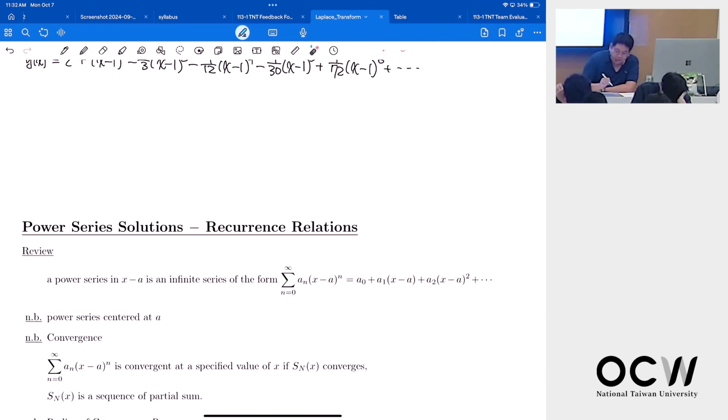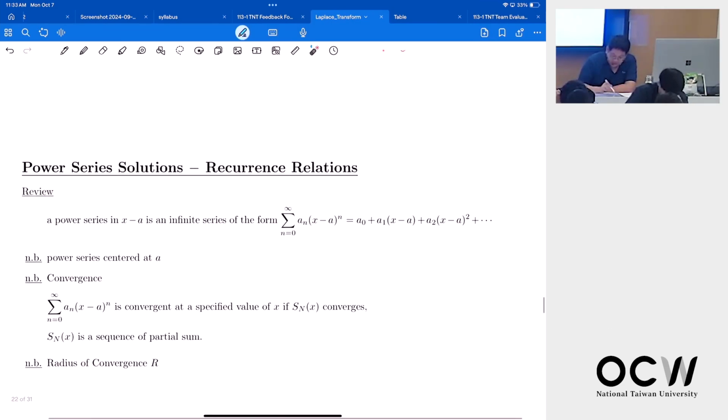But when we express this series, we want to know if this series is convergent or divergent. If it is divergent, then we probably cannot use that equation to do something else later, right? We hope that the series is convergent. But how do we know that it is convergent?